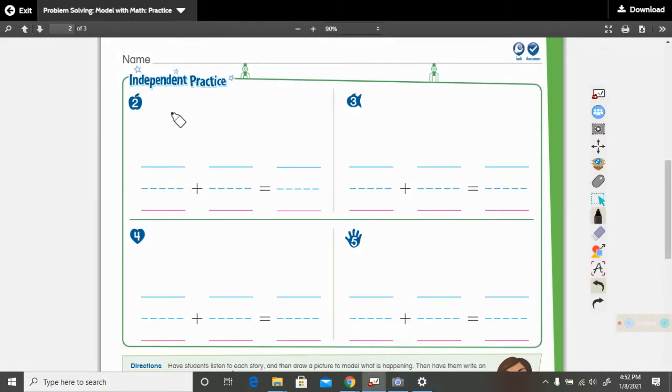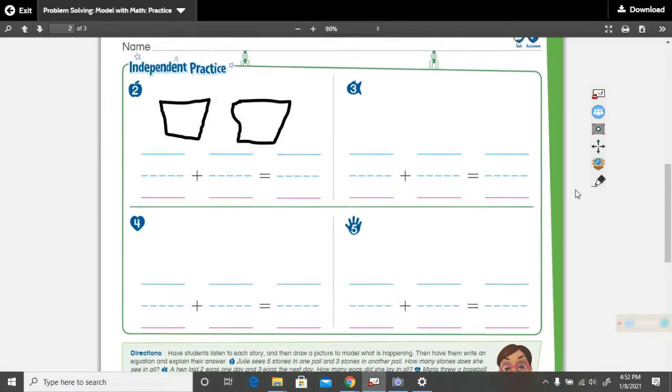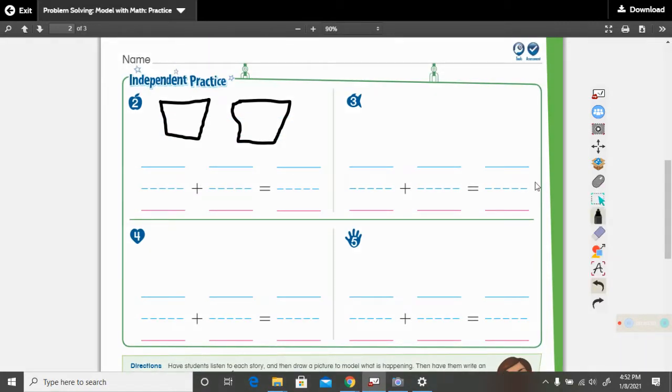So to begin with, we need to draw our 2 pails, our 2 buckets. That's the first part because we need to draw out the picture first. Now, she sees 5 stones in one pail and 3 in another pail.